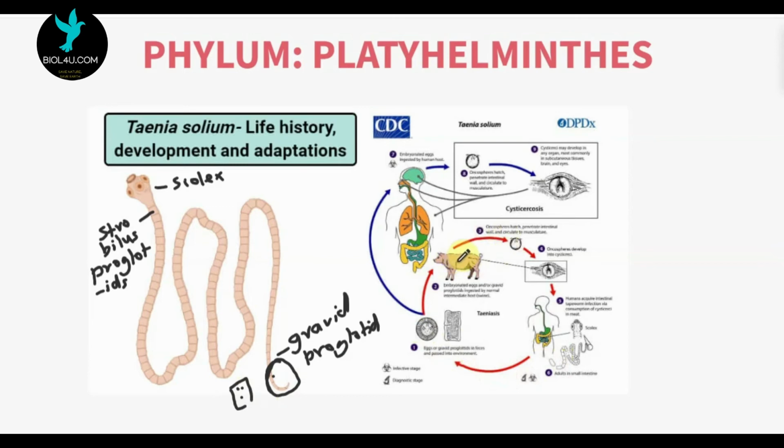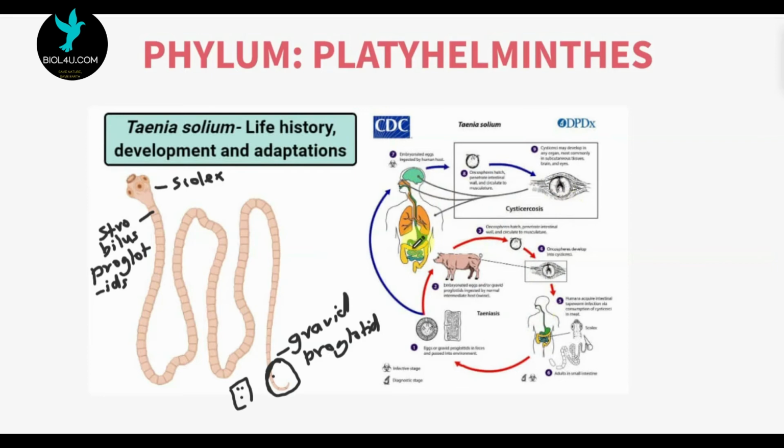When the pork of this pig, not properly cooked, is eaten by the human, the worm enters the human again. That is one route of the Taenia. Another route is if the egg is taken by a human directly, causing high complications, even in the nervous system and the lungs. So it causes some complications in the human. That is the life cycle.